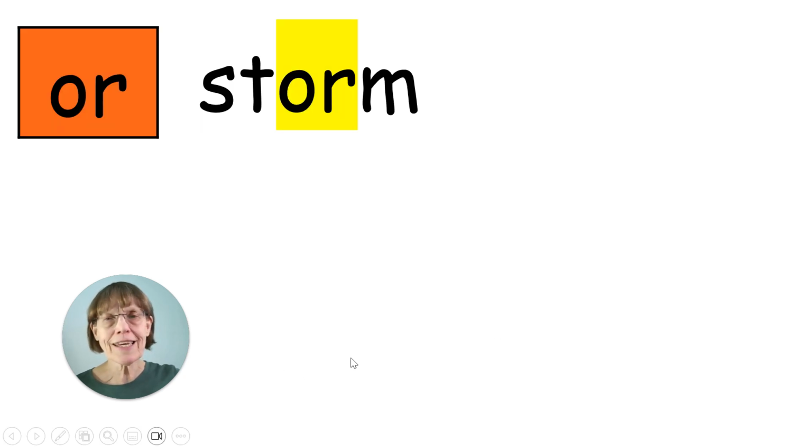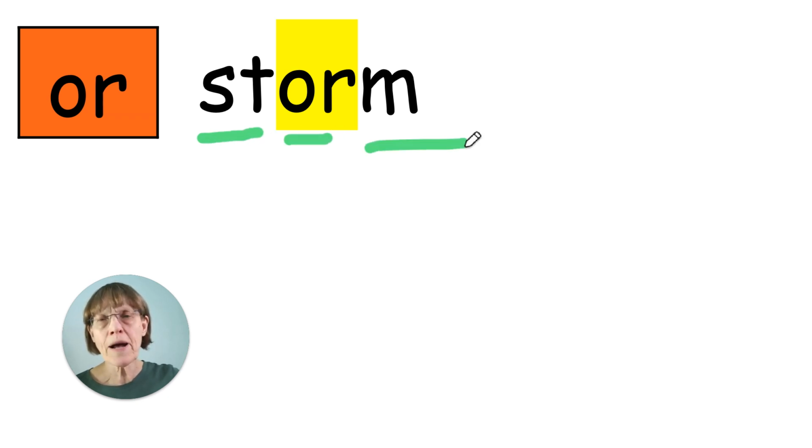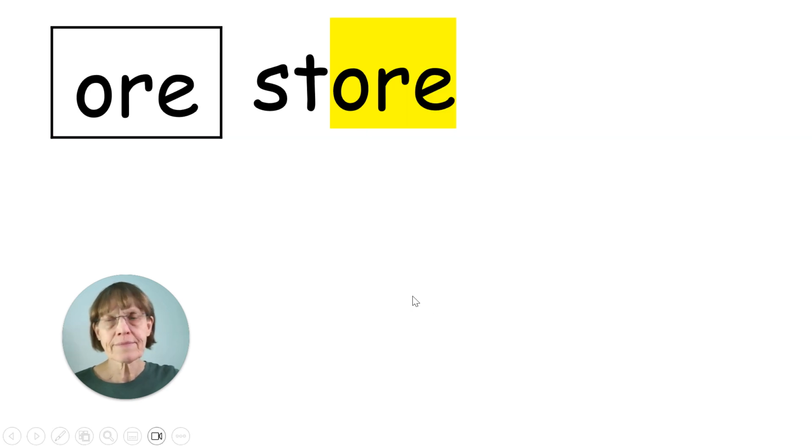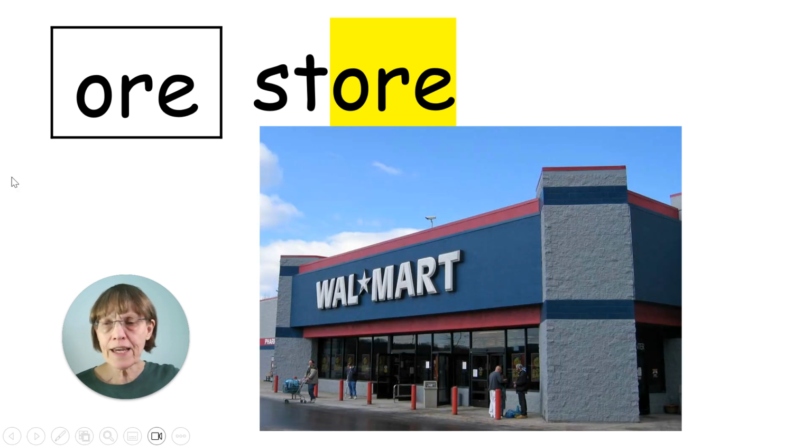Please read the key word. So we've got the S and T together, st. Then we have or, storm. Please read. We have the ST together again. Or, store.